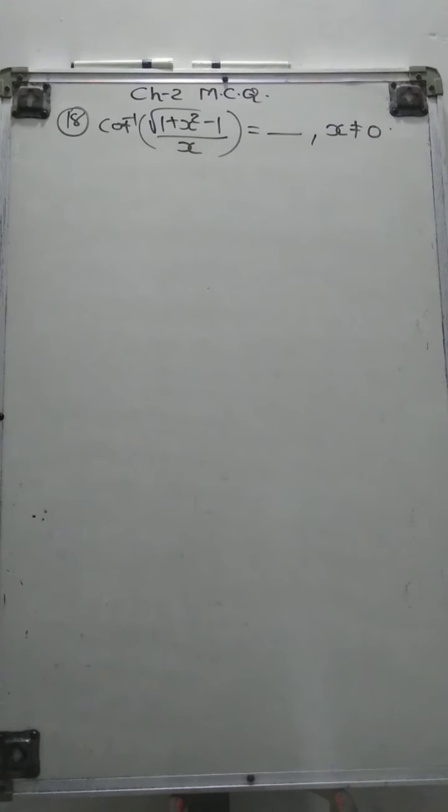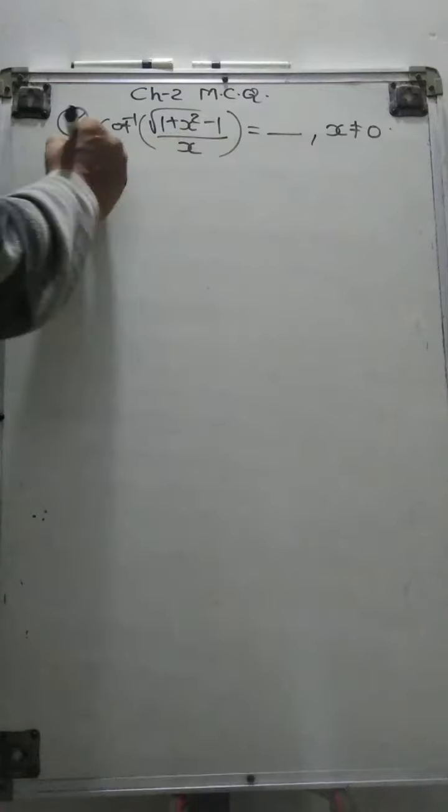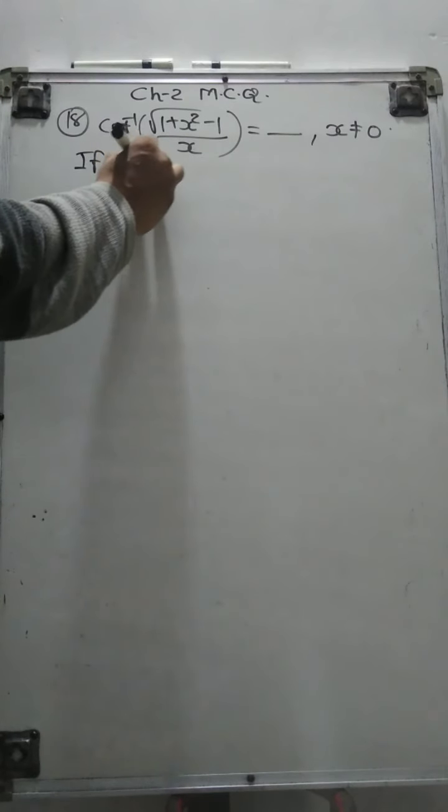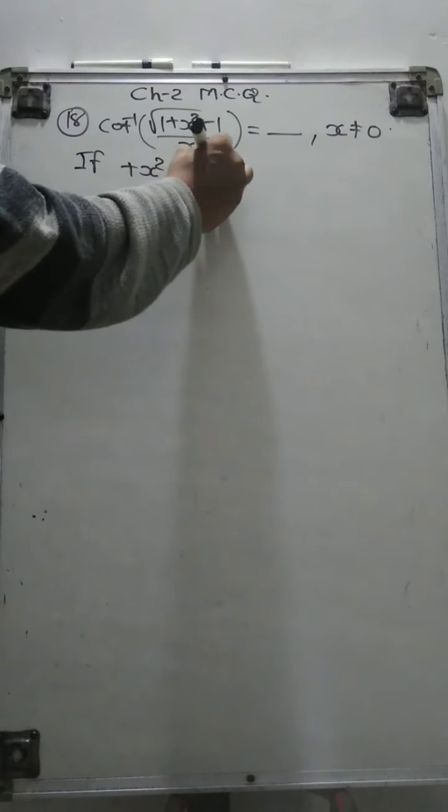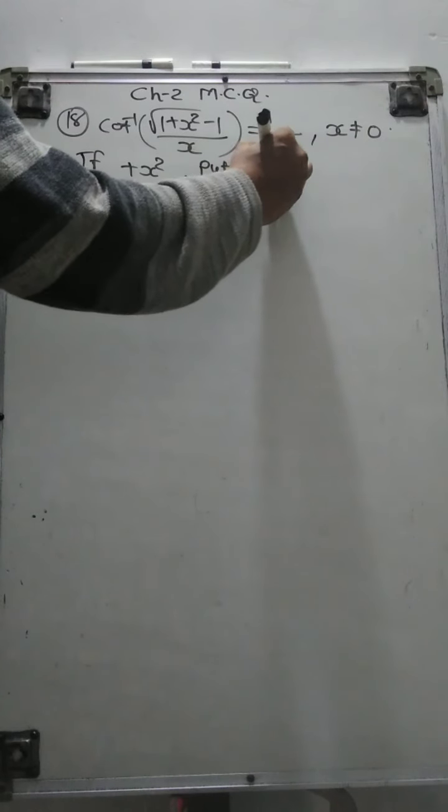Okay, next sum, cot inverse of root 1 plus x square minus 1 upon x is equal to dash. Here one thing you remember, that when this type of sums are given, how can you assume the trigonometrical value? So first, if plus x square is there, put x equal to tan theta.